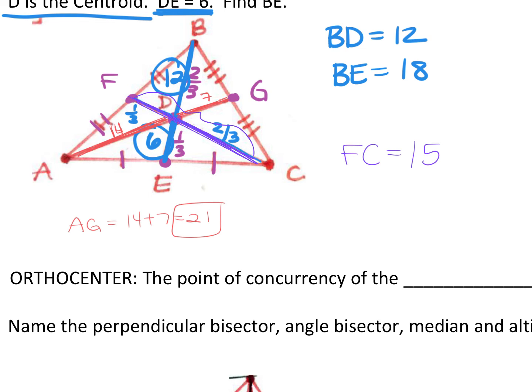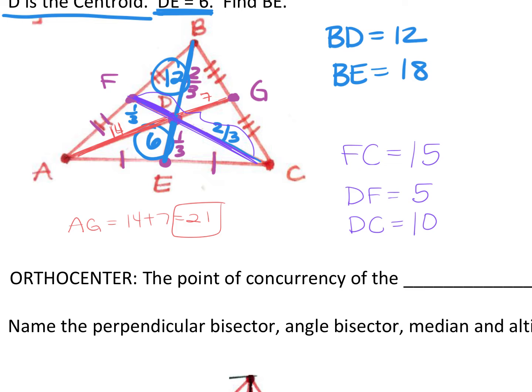That can be a little tricky because if you have the whole thing, you divide by 3, but if you have the longer piece, you divide by 2, and if you have the shorter piece, you double it, right? That's the relationship between them all. So FC, you're going to divide by 3. That means that DF is how long? DF would be 5 because that's the shorter one. DC would be how long? 10. You double it.